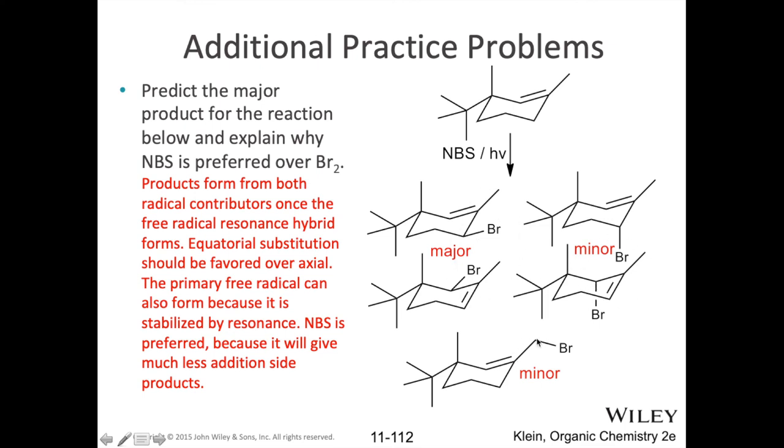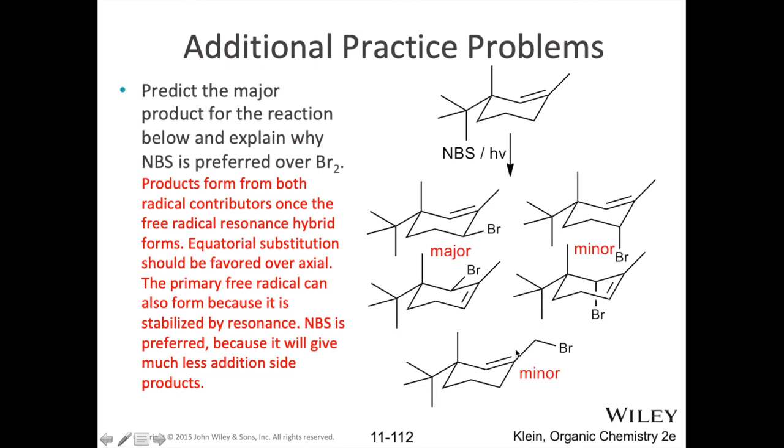Okay, and as I pointed out, this is going to be a minor product as well, due to this being a primary site. So even though it's allylically stabilized, that's not going to have as large a percentage as these products. Also, keep in mind the allylic stabilization with this radical has a resonance structure where your double bond would move over here, so they haven't really shown that.